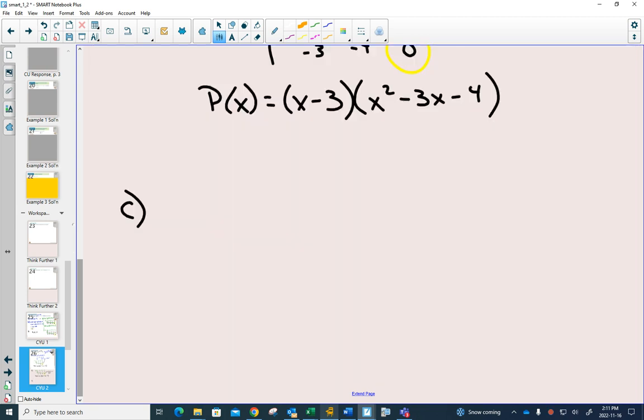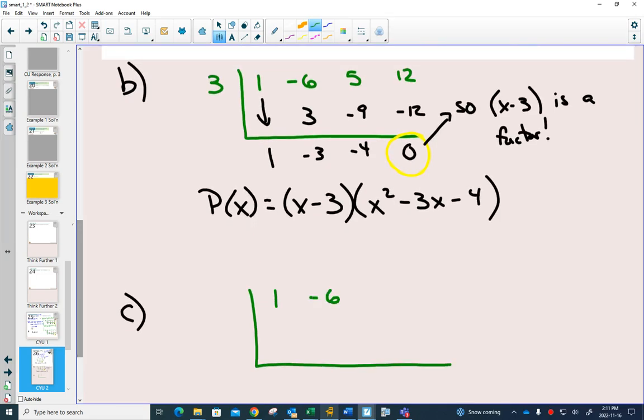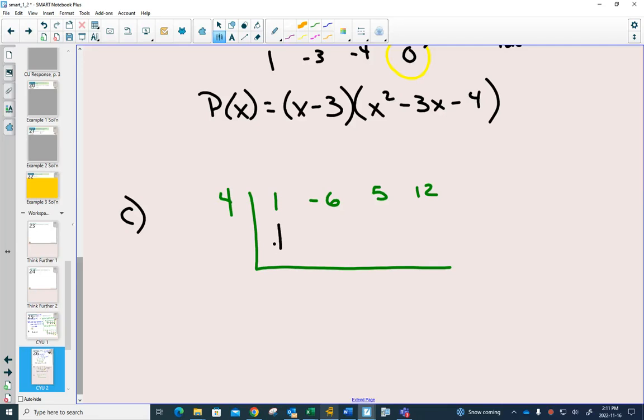In part C, it says, is x minus 4 a factor? So again, 4 is a big number. It's not that big, but for these questions, if you're using the remainder theorem, it would be big. So we have 1, negative 6, 5, 12. X minus 4 would put a positive 4 out there. Bring the 1 down. Multiply. Add. Multiply.